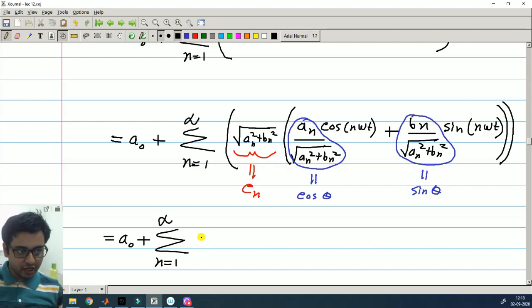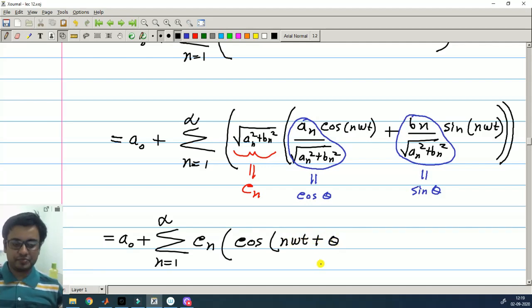Then this becomes Cn, and here we have cosine theta cosine n omega t, sine theta sine n omega t. That is same as cosine of n omega t plus theta. Let me call this theta n, because it depends on n.